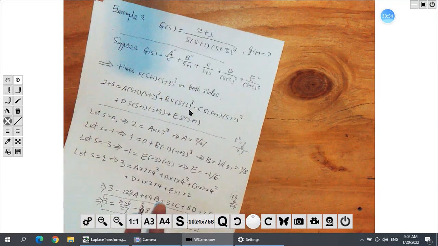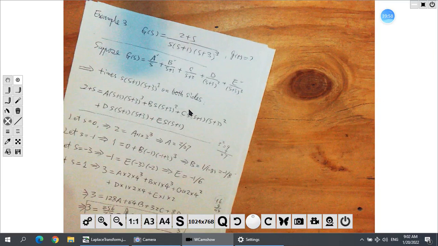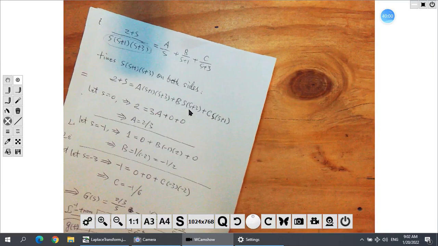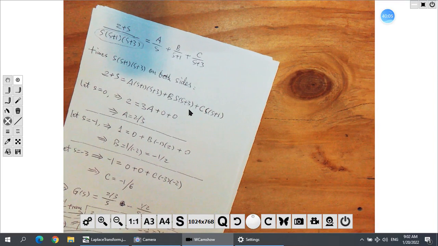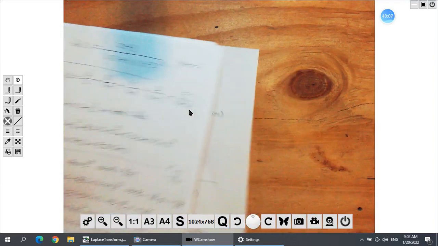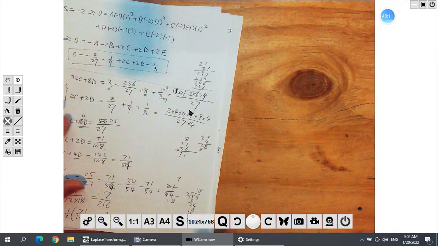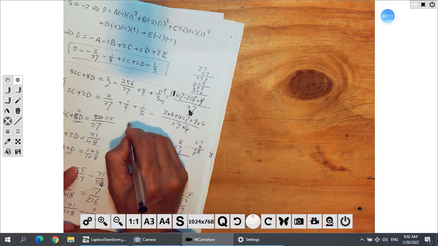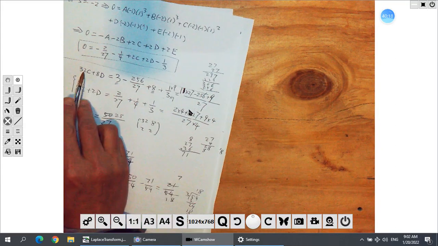Let me see where I can put the C and the D. Sorry, this is the final answer, right? Now this is the previous one, and then we have this one. You can write it as 32 and 8, 2 and 2. They are the coefficients of these two, right?